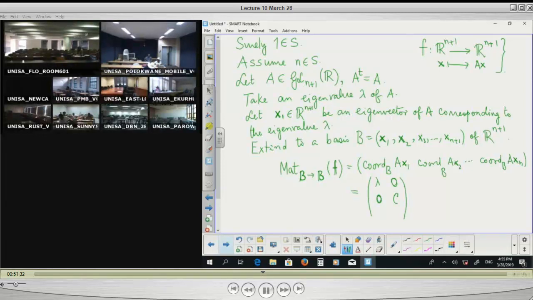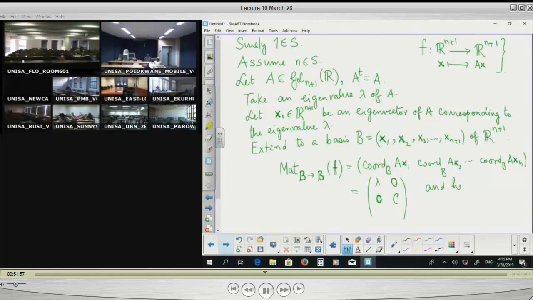Now I have a little bit of a problem. I know that A is symmetric. The symmetry of this tells me that C must be symmetric. Okay? So, and hence, but how many things?